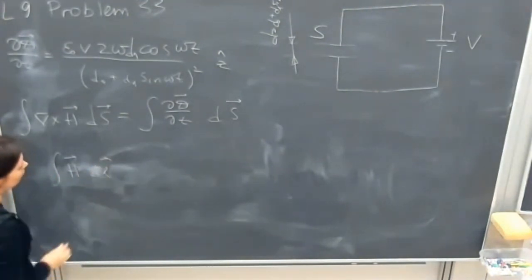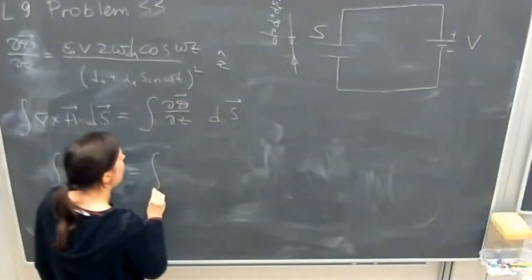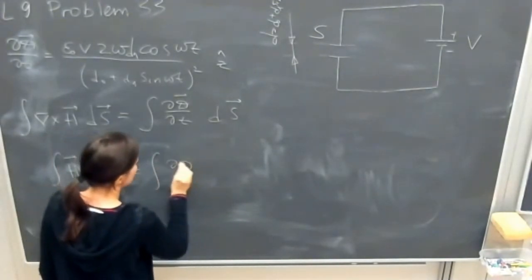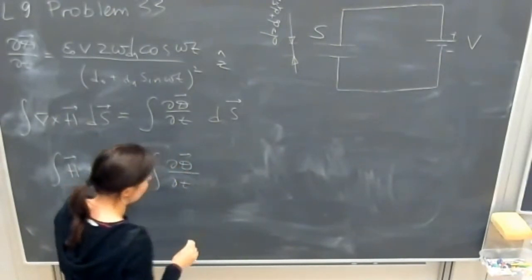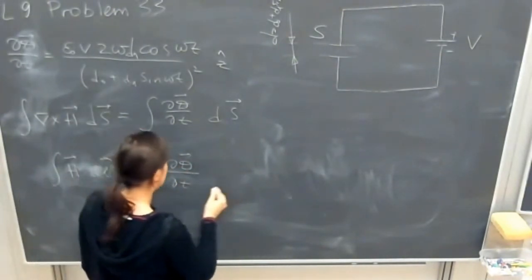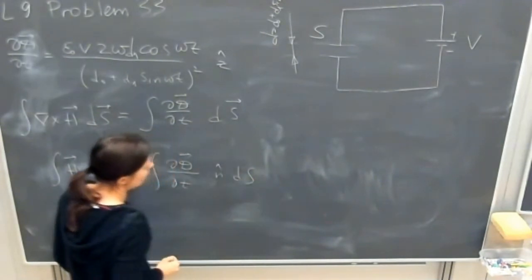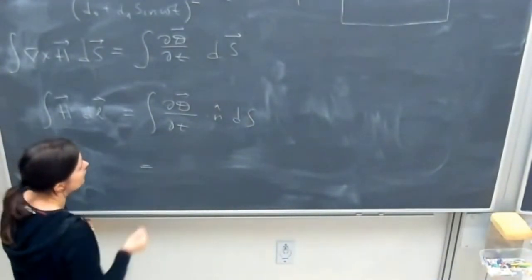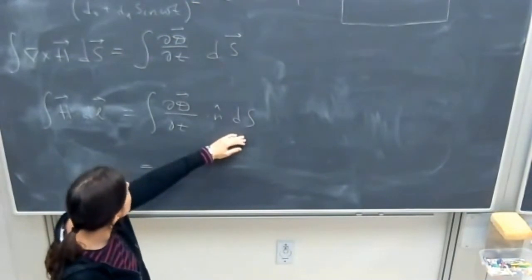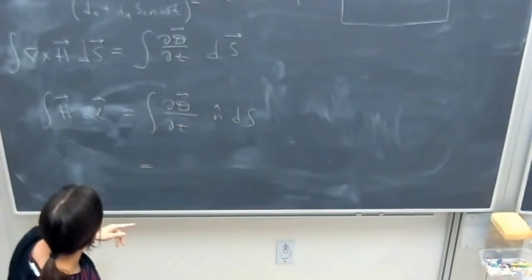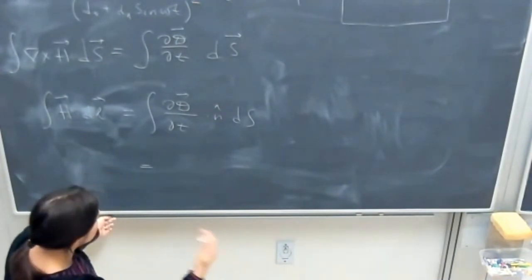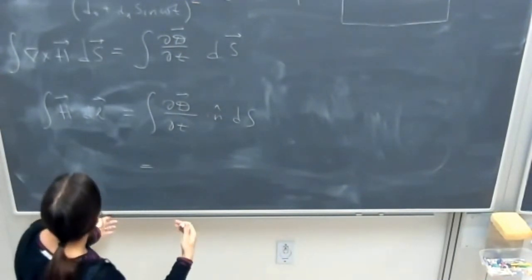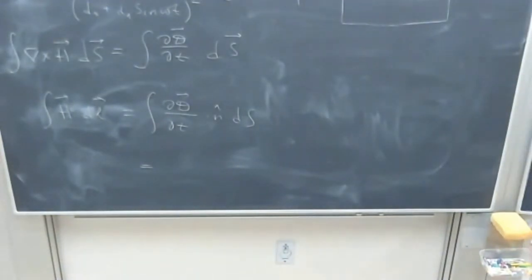H will be along some line, and the displacement field is still between the plates, so it is normal to the surface. And finally, let's write this side. Here we just get the area. The normal is z as well.